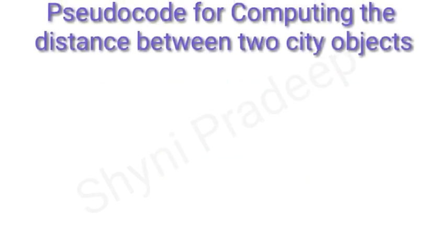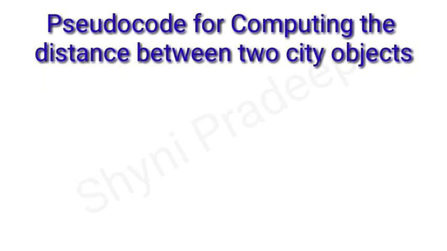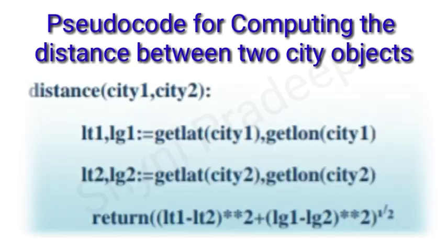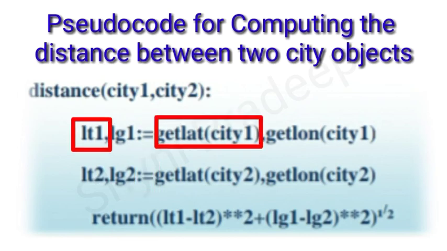Now let us see the pseudocode for computing the distance between two city objects. This is the pseudocode: distance(city1, city2). Here you read this := as becomes or is assigned.